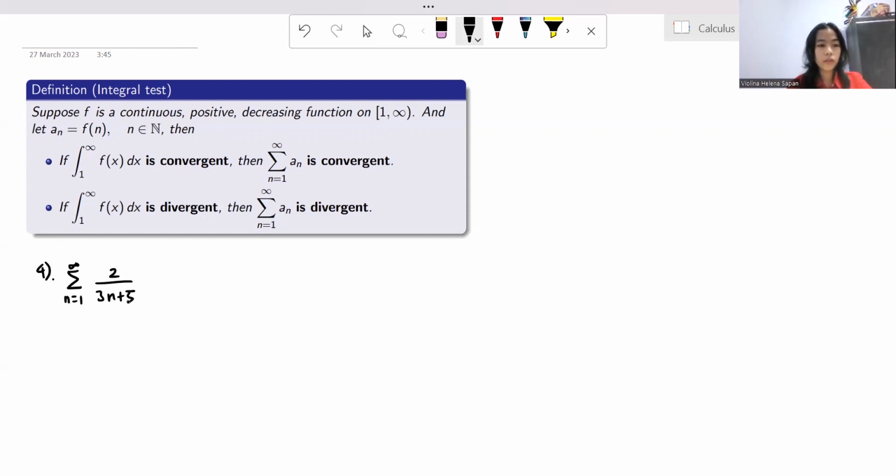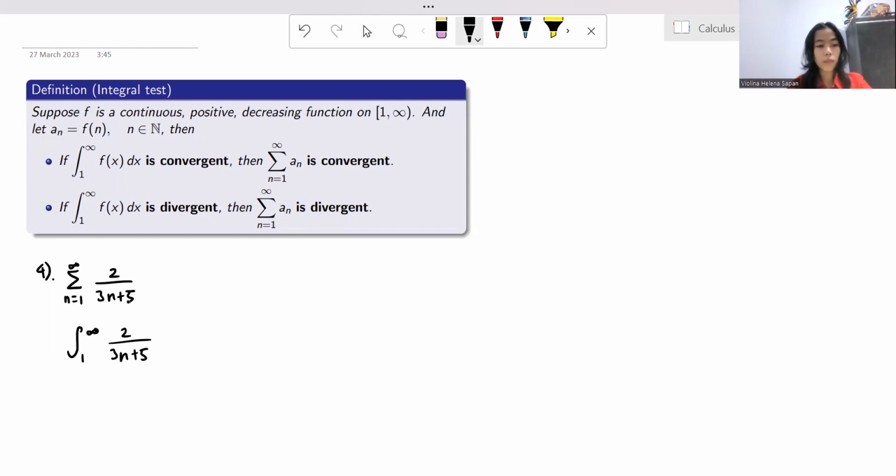So this function 2 over 3n plus 5 is already continuous, positive, and decreasing. So the next step is we have to evaluate the integral. So we need to look at the integral from 1 to infinity of 2 over 3n plus 5.